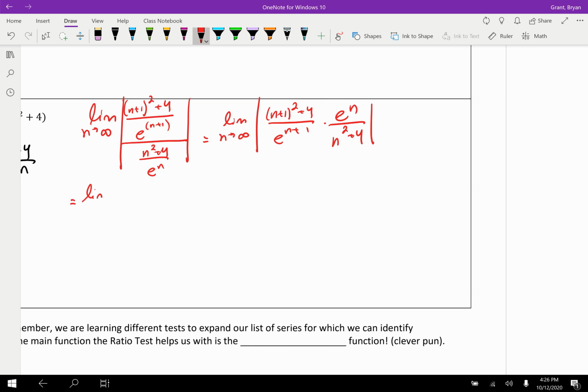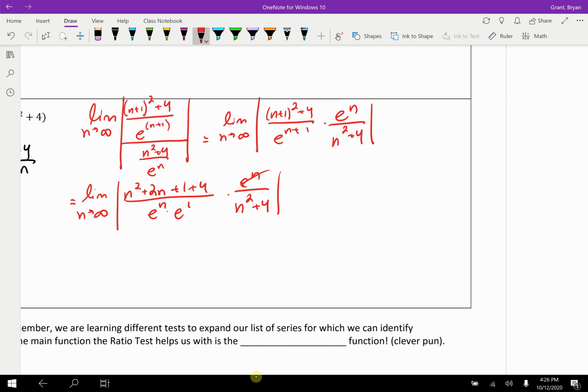So we're going to go equals the limit as n approaches infinity. We're going to probably have to multiply all this out. You might not have to, but it's not a bad idea. So we get n squared plus 2n plus 1 plus 4 divided by e to the n times e to the first times e to the n over n squared plus 4.